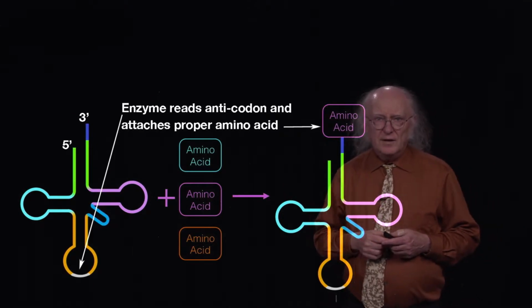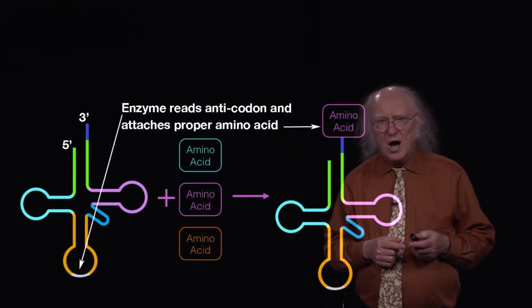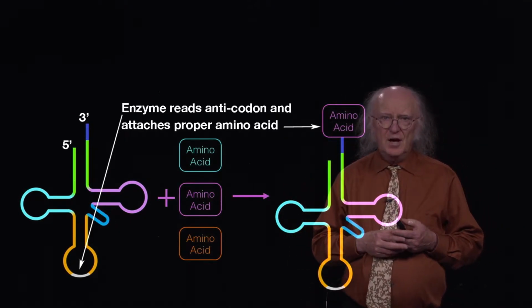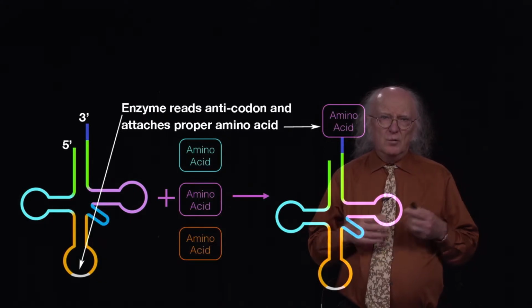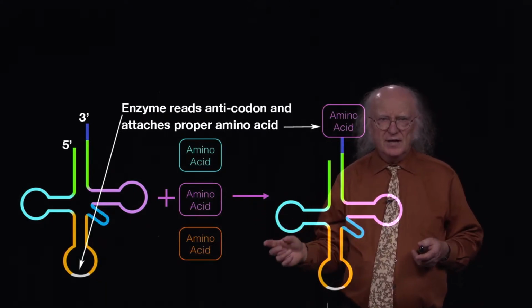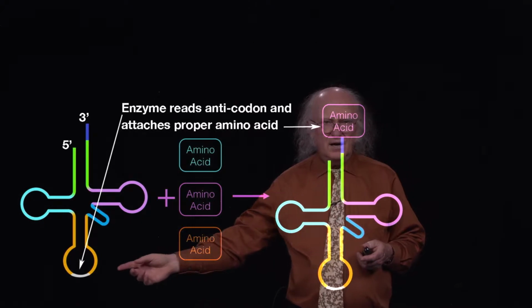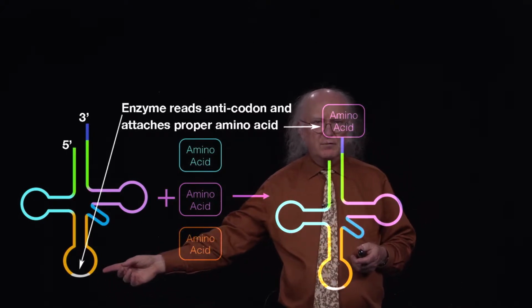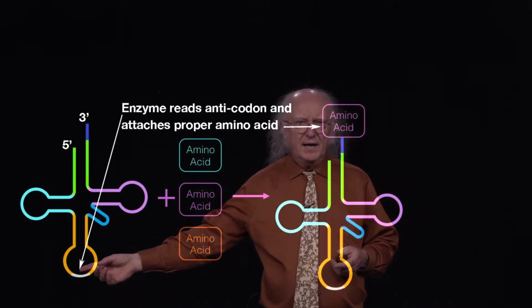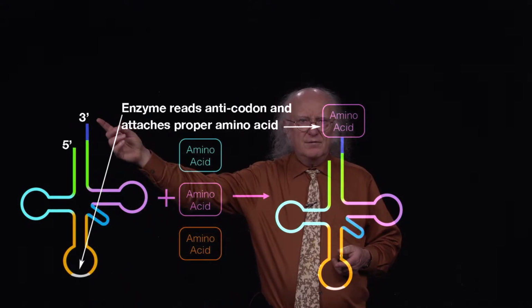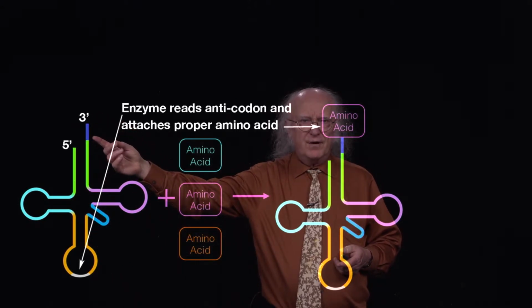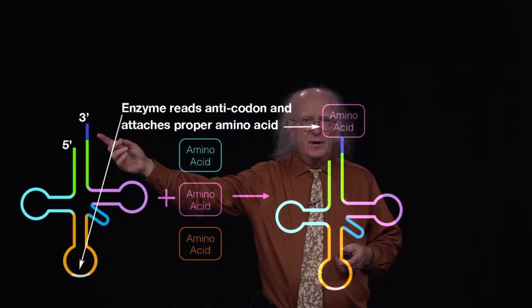Okay, well, if we look now at the structure of the transfer RNAs, we see that the information necessary for the anticodon, which is being read by the ribosome, is very far away from the 3' end of the transfer RNA. Well, why is that important?